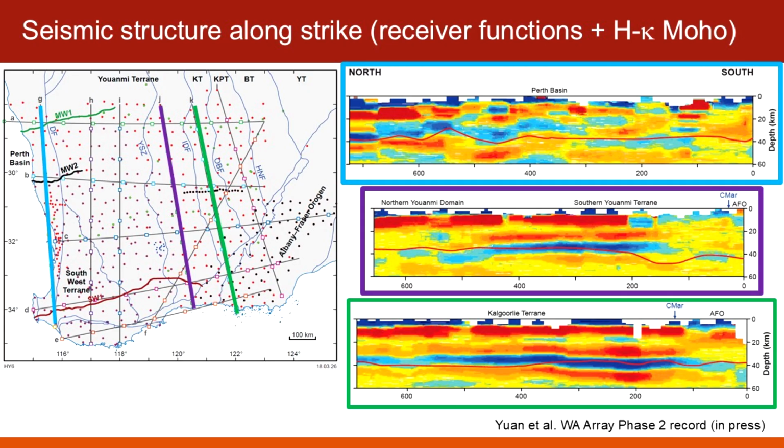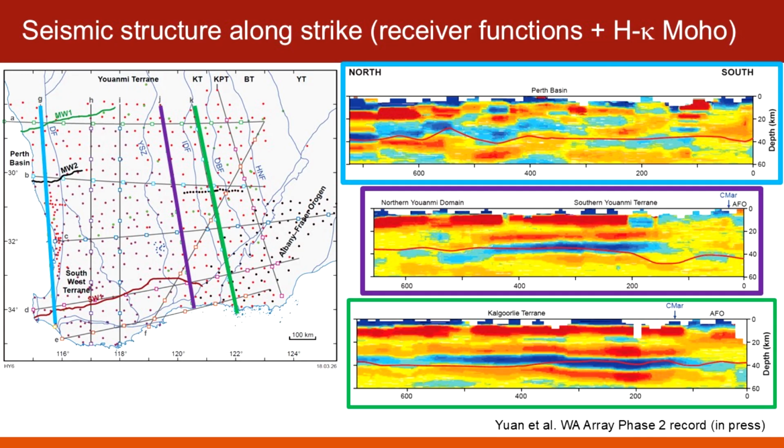But then as you approach, and this thing here, CMRA, is the craton margin, basically going into the Albany-Fraser here. You see all of the southern part of the Youanmi terrane correlates very well with that high strontium over yttrium zone. So it's a different type of seismic structure along the southern margin of the Yilgarn.